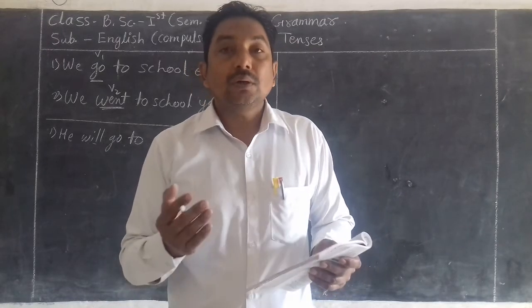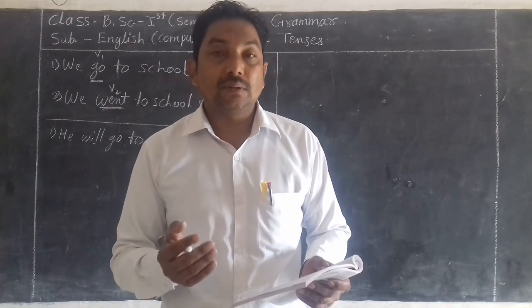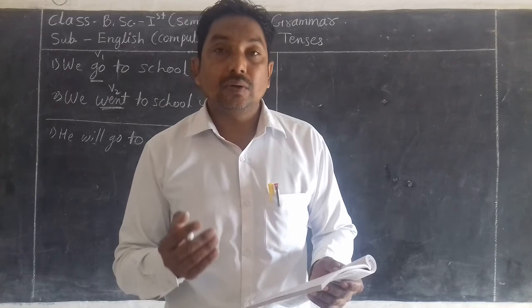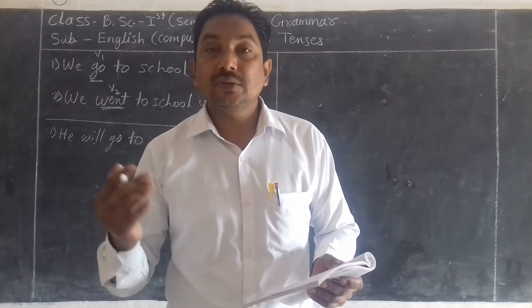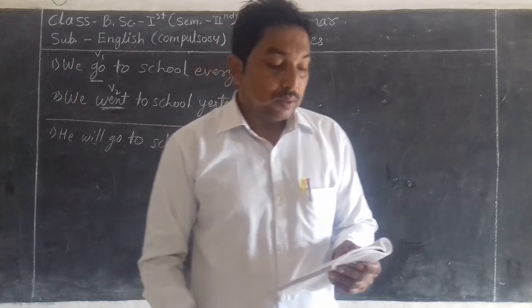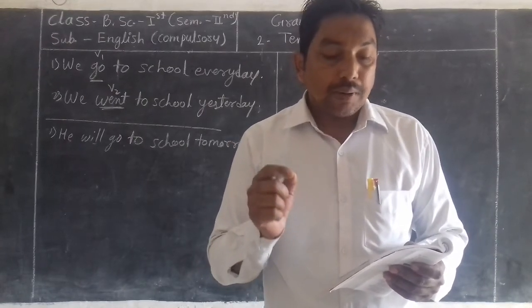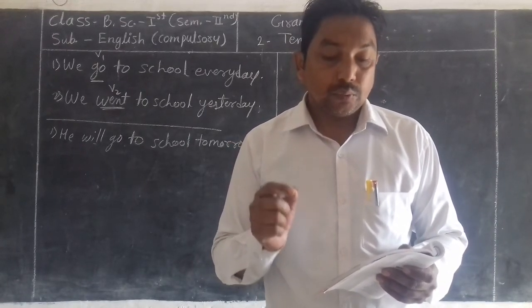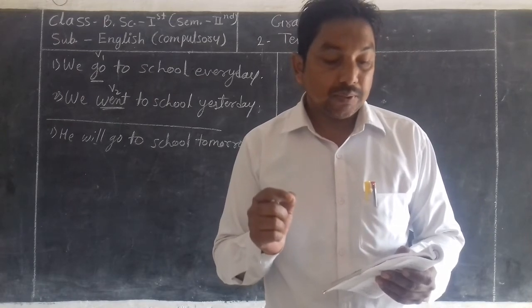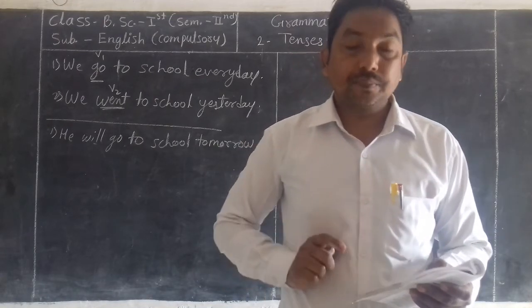So what are the different types, forms or functions to indicate future action? Number 1, future action shown by shall or will together with the simple present tense form of the main verb.